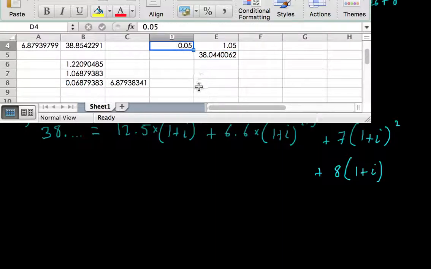So that's 5%, so we need to make it a little bit higher. Let's make it 6%.